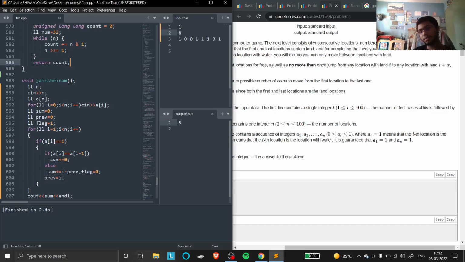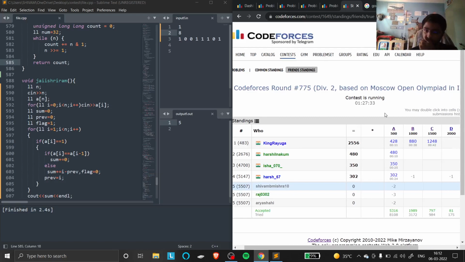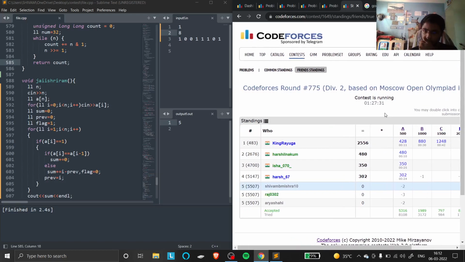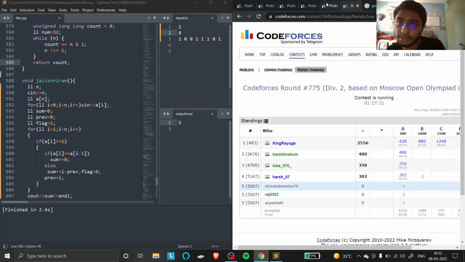As well as no more than once jump from any location with land i to any location with land i plus x. Missing somewhere.